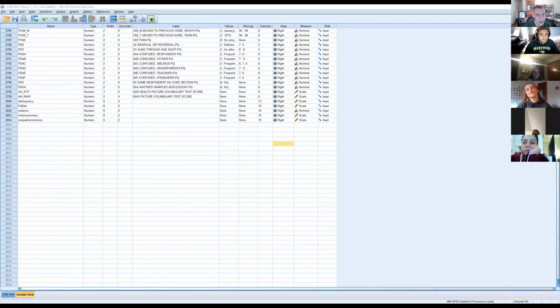There are other estimation techniques, but this is called ordinary least squares regression because it's trying to fit the line that minimizes the squared difference of the observations from the line of best fit. That's why it's called linear regression or ordinary least squares regression, but it's simple linear regression because we're just using one predictor. And so you go over to where it says linear: regression, linear.